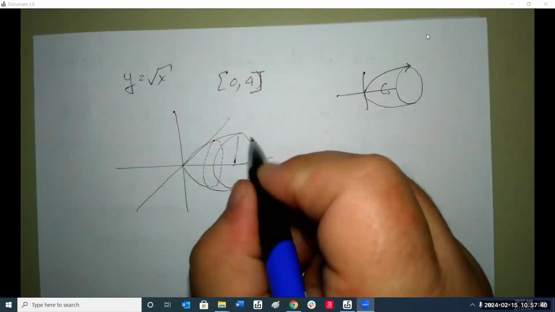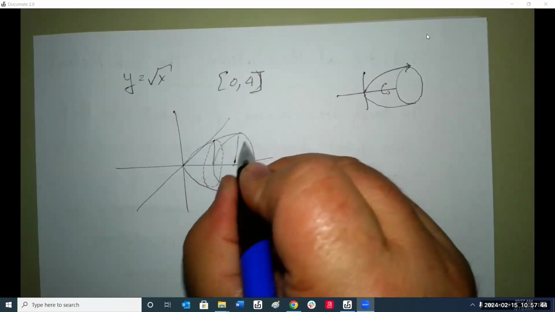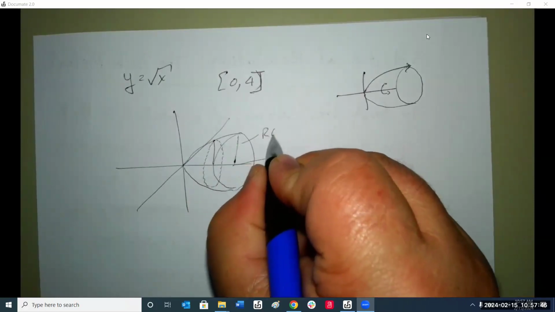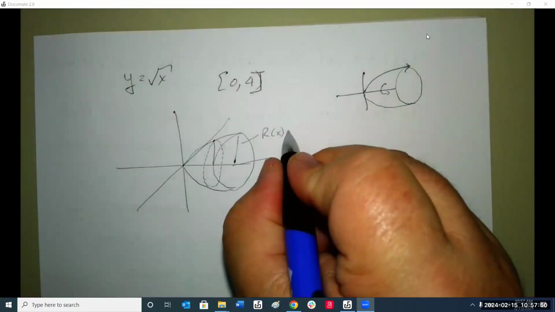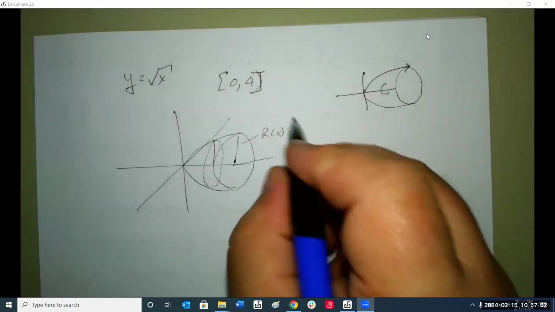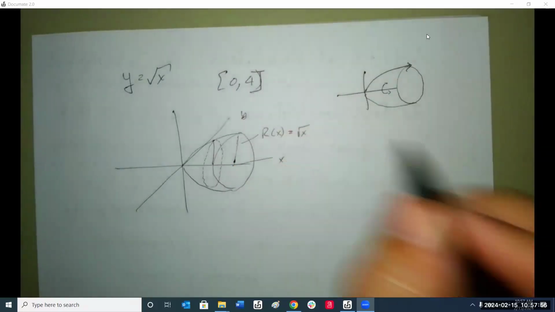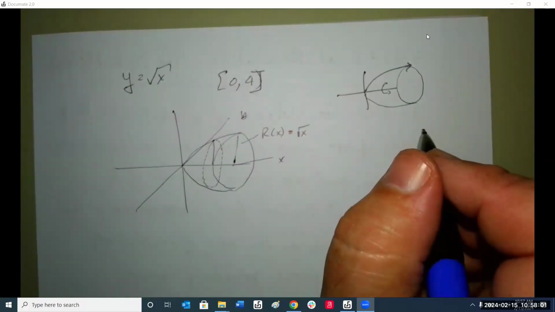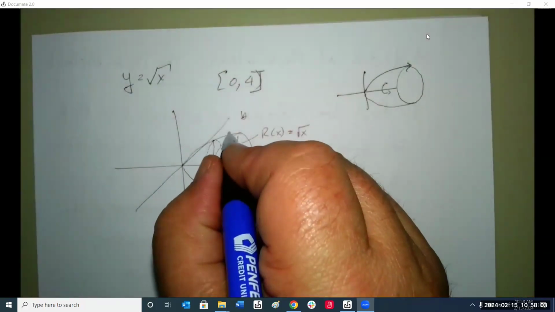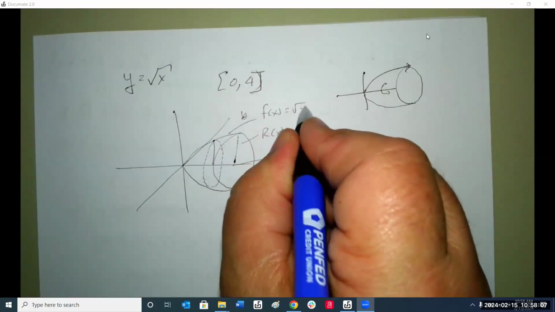The distance up and down is r of x, which is from the x to the y, that's the square root of x. The function itself is square root of x.